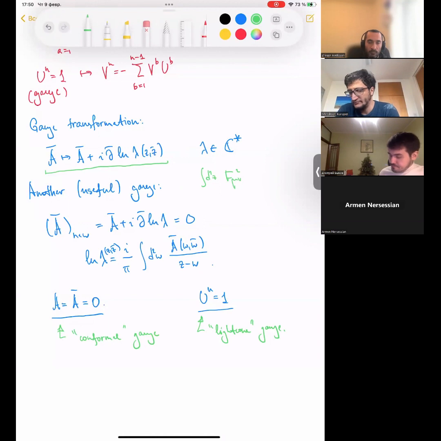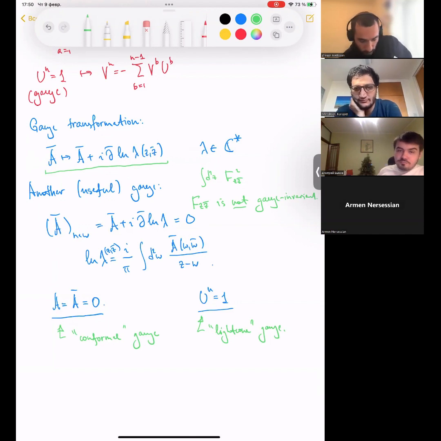Because, well, F_zz bar in this case is not gauge invariant with respect to the C star gauge transformations. So A is really topological. So the gauge field is topological.